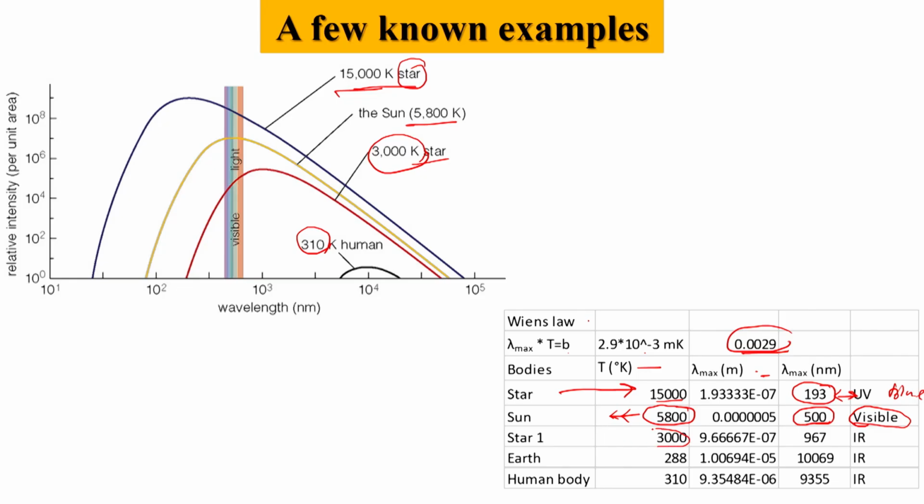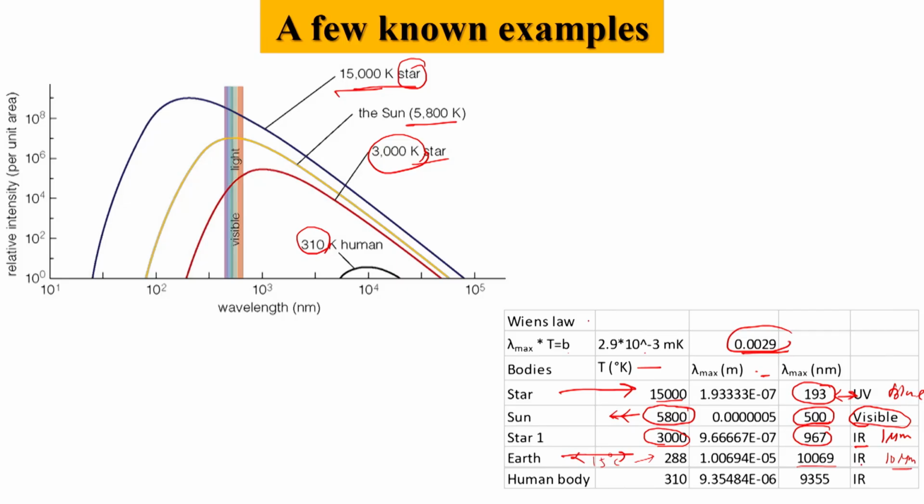The other star at about 3000 Kelvin will give around 960 nanometers in the IR region, about 1 micrometer. And the earth, at 288 Kelvin, a 15 degree centigrade global average temperature, will give around 10,000 nanometers or 10 micrometers.